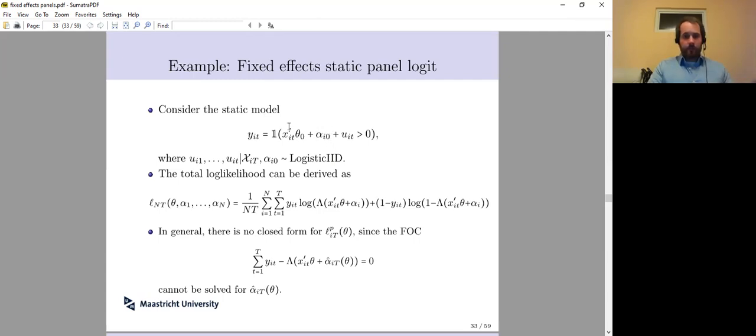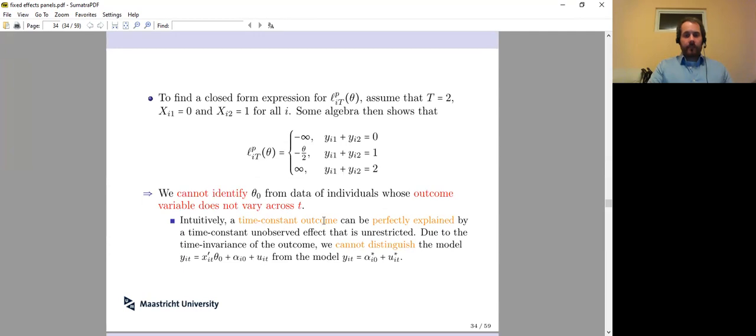So there is no information needed from X. Absolutely useless. A time constant outcome can be perfectly explained by the unobserved effect. We cannot distinguish this model from this model, where the alpha simply takes over absolutely everything. Good. So this was important for identification. We need variation across time for the response variable.